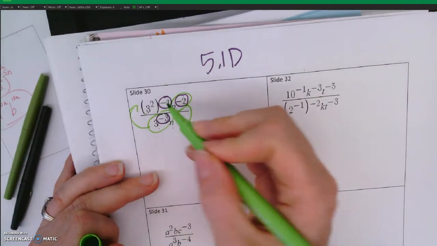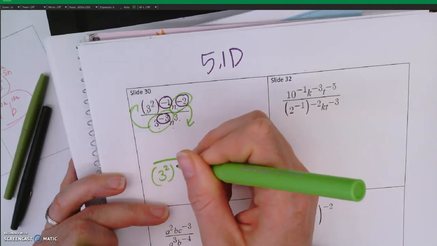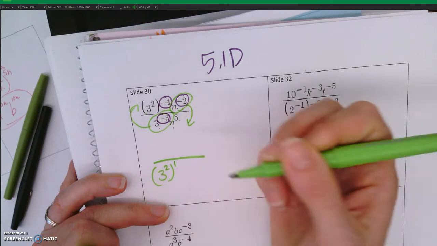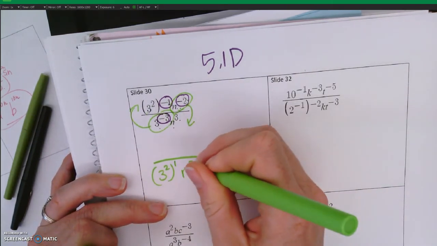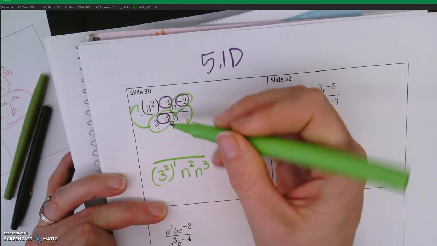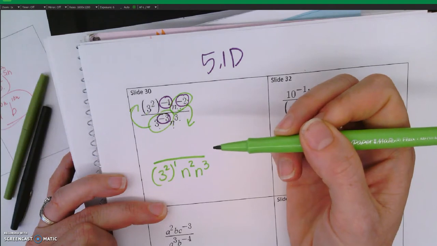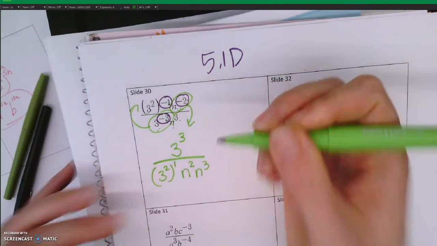So 3 squared to the negative first is going to come to my denominator, and the exponent will become positive. N to the negative second will come to the denominator, and the exponent will become positive. N to the third will stay in my denominator because it's positive, doesn't need to change. And 3 to the negative third will come to the numerator and become positive.